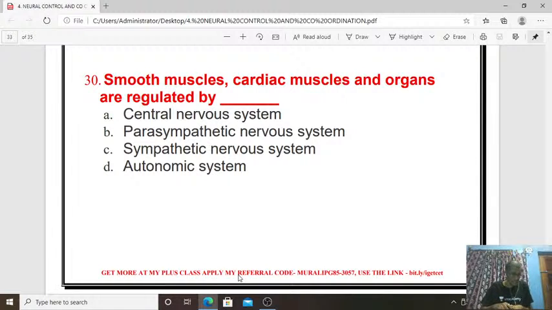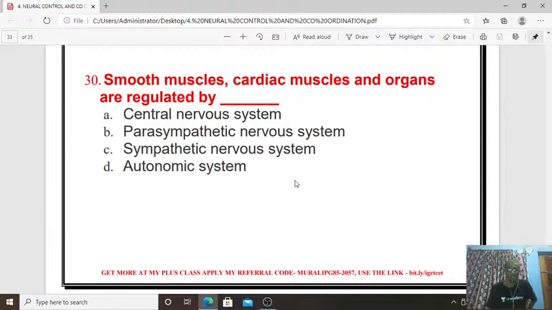And the last question of this session under human neural system: smooth muscle, cardiac muscle and organs are regulated by dash: central nervous system, parasympathetic nervous system, sympathetic nervous system and autonomic nervous system.